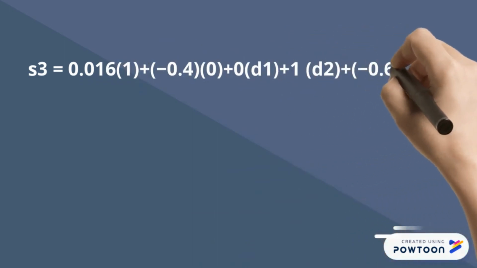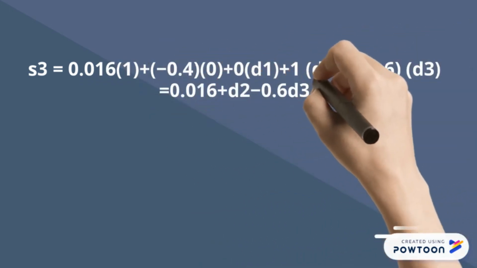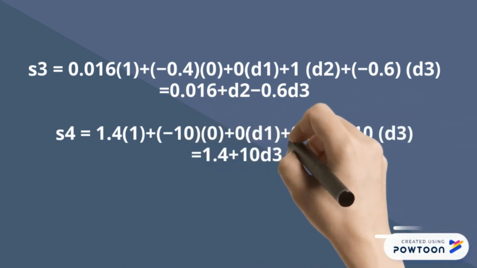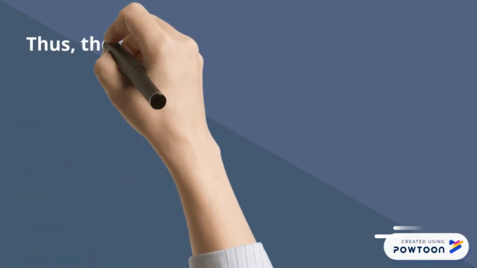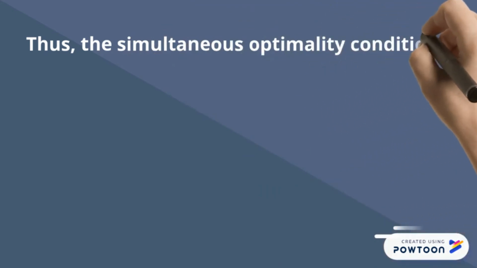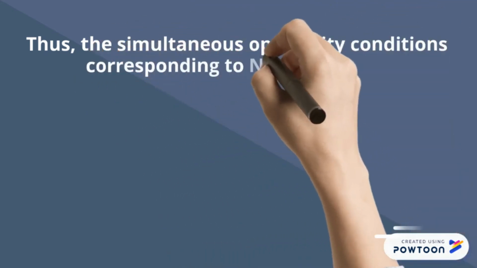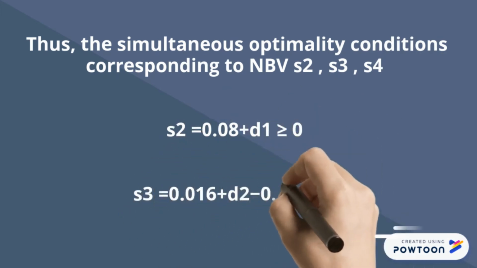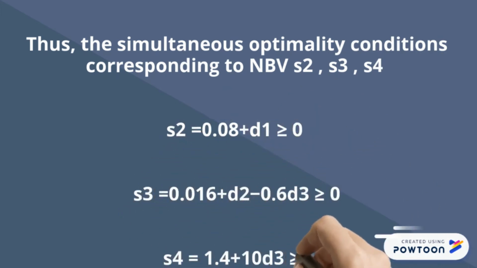Continue the same calculation for NBV S3 and S4. Thus, the simultaneous optimality condition corresponding to NBV S2, S3 and S4 is greater than 0 based on equations.